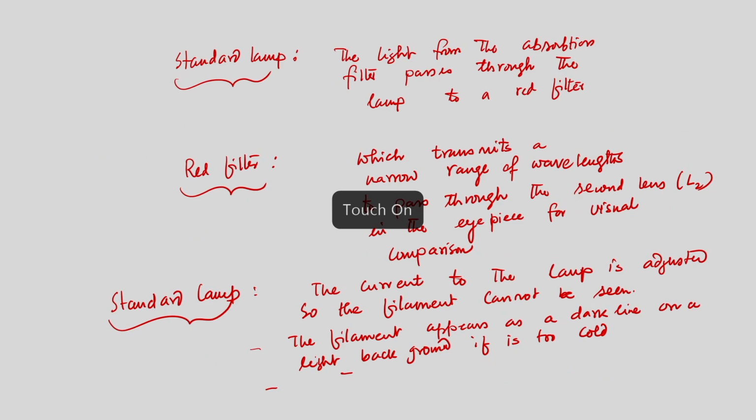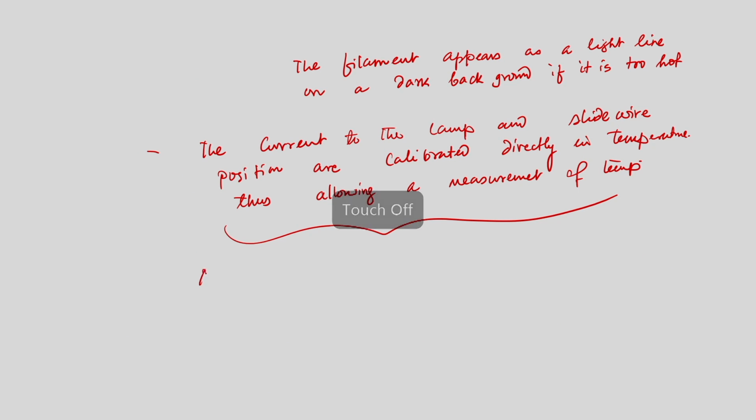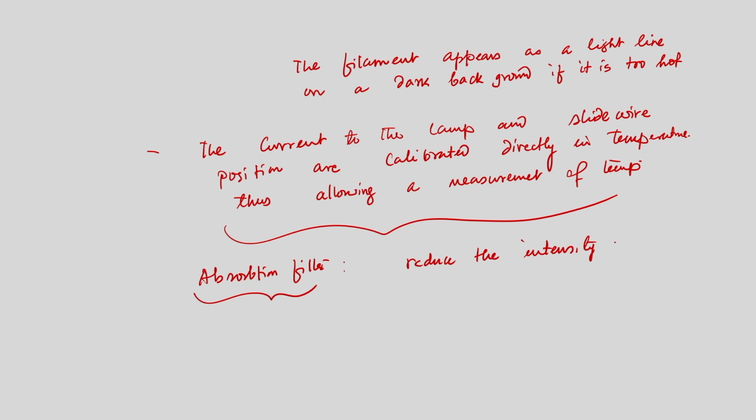So, with this absorption filter, the objective is to reduce the intensity of the light, so a low temperature lamp can be used.